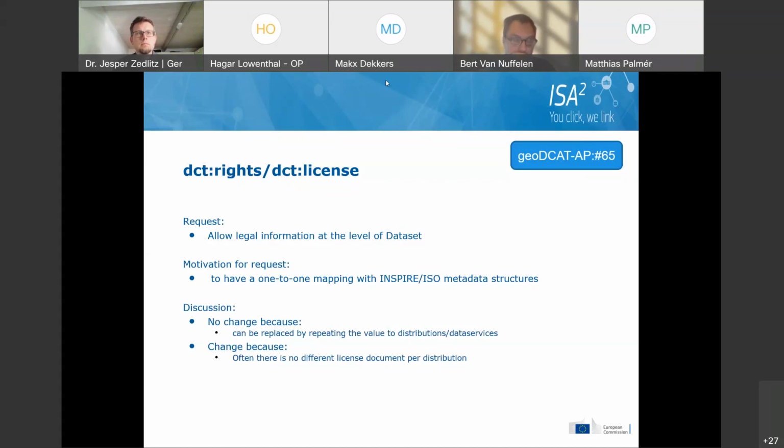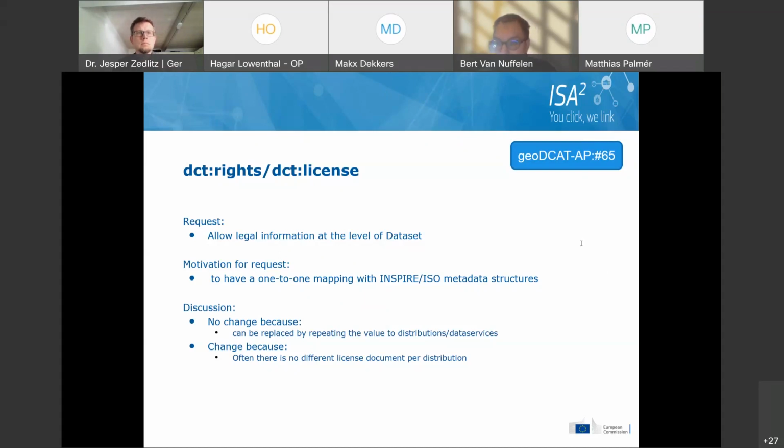You're right, we don't have a clear view that there are use cases where this applies, but I'm just saying that what we have in DCAT-AP is a result of that discussion early on in 2013 on what is the best way to do that coherently. So this proposal keeps that coherence. It just requires you to repeat the license on all the distributions if they're all the same.